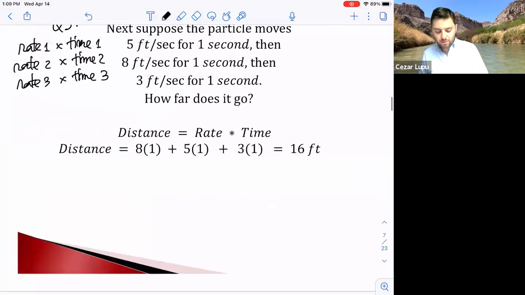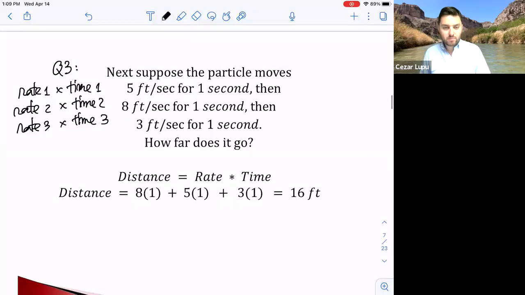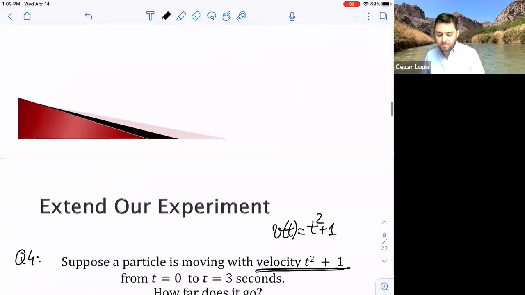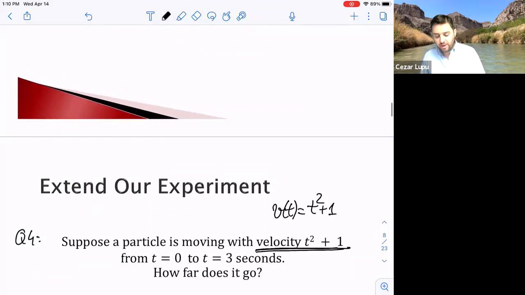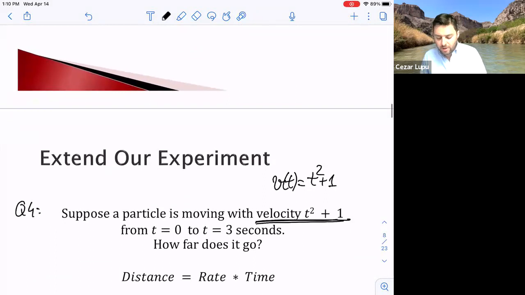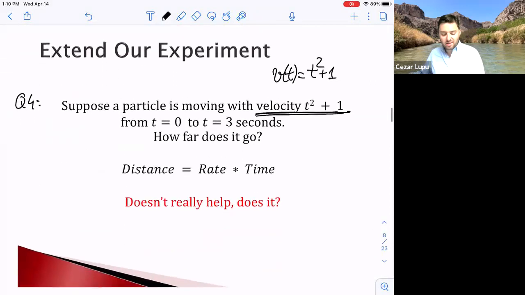Let's go back to question 3. Here the situation is clear. It says 5 feet per second for 1 second, then something else for 1 second, then something else for 1 second. Here it says it's variable, as the particle is moving with velocity t squared plus 1 from t equals 0 to 3. So if we say the same thing, the distance is rate times time, but it doesn't really help, right? So we cannot say the same thing.